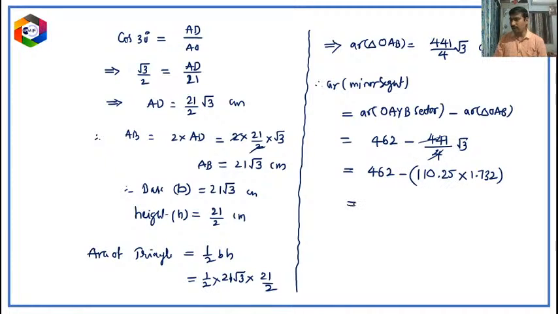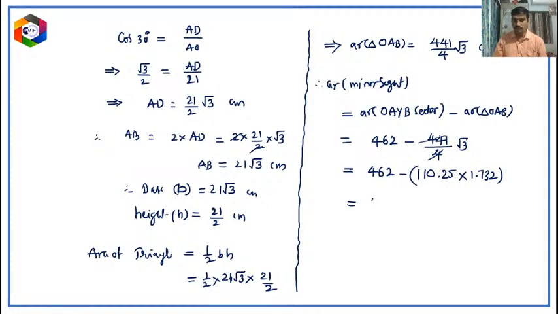Now we are going to find the final value. Someone has calculated it, and it is equal to 271.047. Well done, very good.